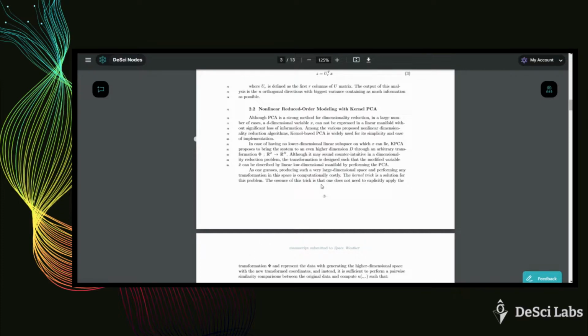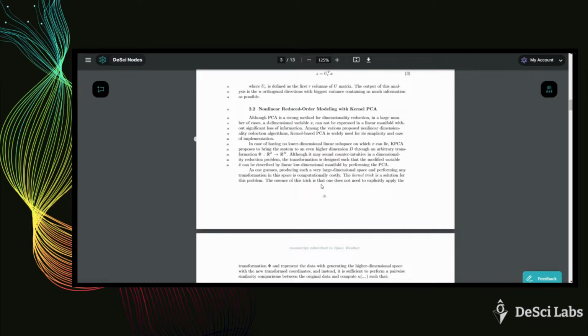Just imagine that we have a nonlinearity in the system, and we cannot easily decompose the system and express it on some linear manifold, you know. And since it's not doable for some specific cases, we can take advantage of this kernel-based PCA.